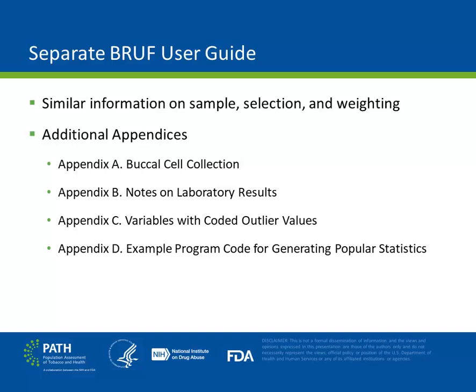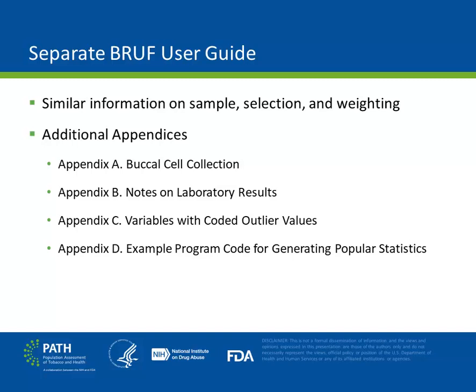The BRUF User Guide contains the information on sample, selection, and weighting found in the PUF User Guide, as well as additional appendices. Appendix A provides information on the brief buccal cell collection during Wave 1. Since buccal cell collection was terminated partway through the wave, there is no accompanying data in the BRUF related to these specimens.